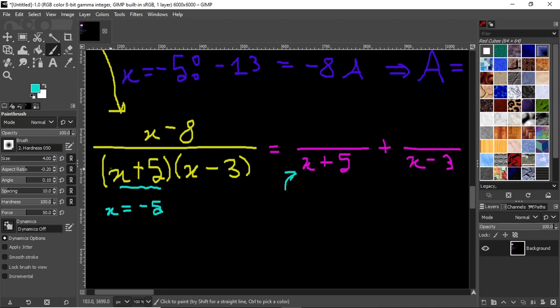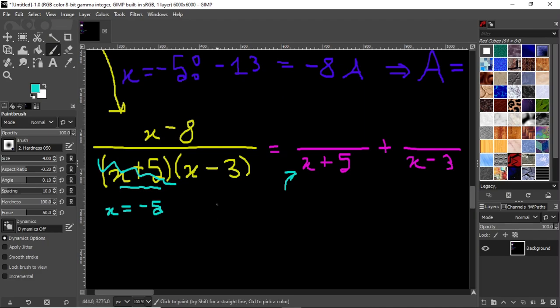Now pretend that this does not exist, and evaluate this fraction. So I'd get minus 5 minus 8, that's minus 13, divided by this. There's nothing here, it doesn't exist. When I do this on paper, I cover up the factor with my finger. Divided by negative 5 minus 3, that's negative 8.